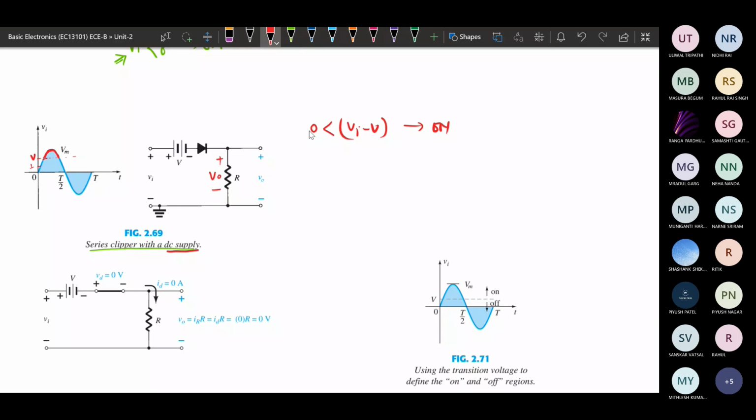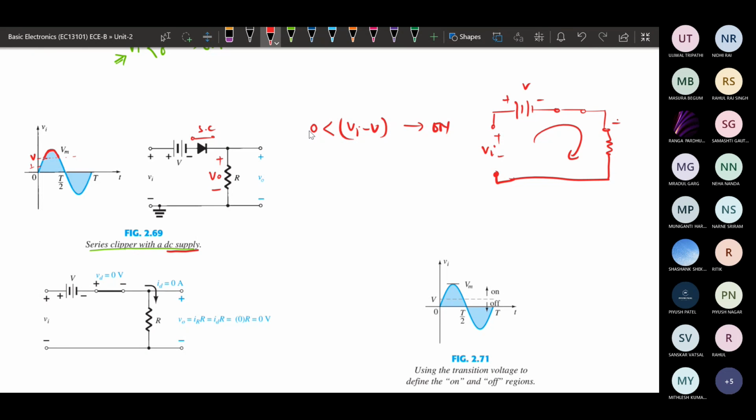If this is on, it will be a short circuit. So the output circuit that we can get from here is like this, and this is the voltage. Okay, so if it is on, some current will be flowing. With respect to that we are going to apply the KVL.